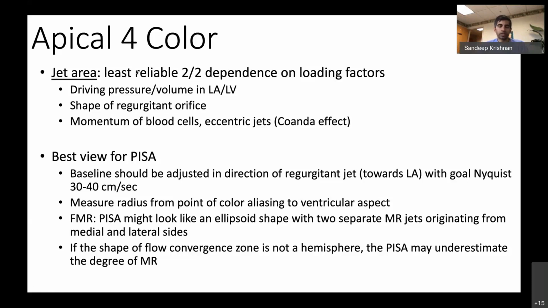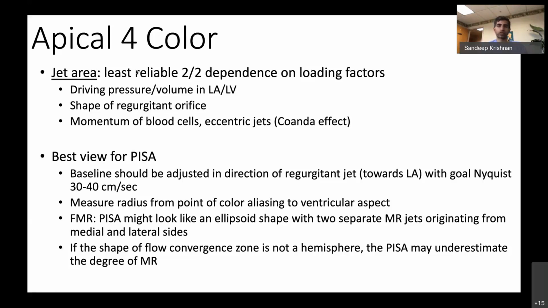The baseline for a PISA should be adjusted in the direction of the regurgitant jet, so it's always going to be towards the left atrium. If you just remember to move the baseline towards the left atrium, that'll serve you for both transesophageal echo and transthoracic echo, because they're reversed, obviously. The goal Nyquist should be 30 to 40 on that side. And you want to measure the radius from the point of color aliasing to the ventricular aspect, and I'll show you what that looks like.